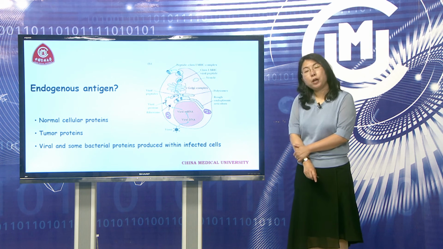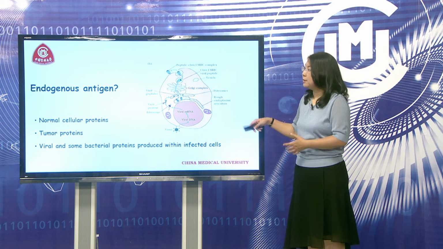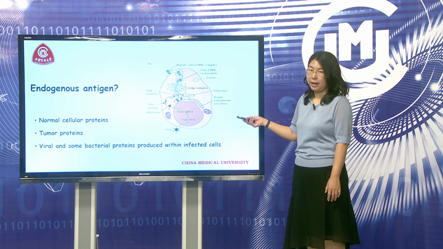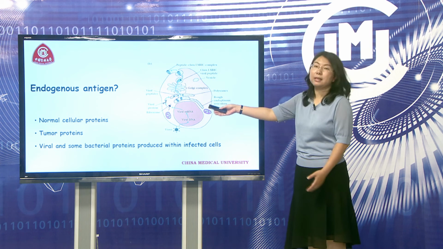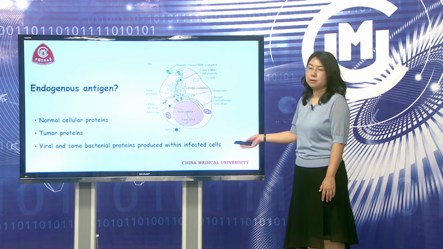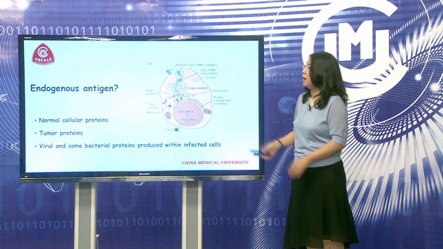So if we want to know antigen presenting, first we know what is endogenous antigen, later we know what is exogenous antigen. For endogenous antigen, examples are tumor protein or virus or some bacteria produced inside the cells.